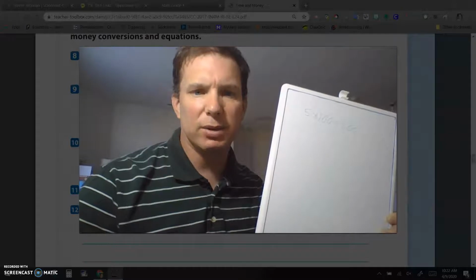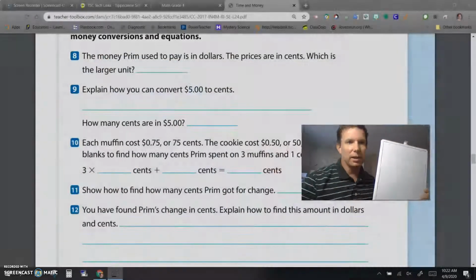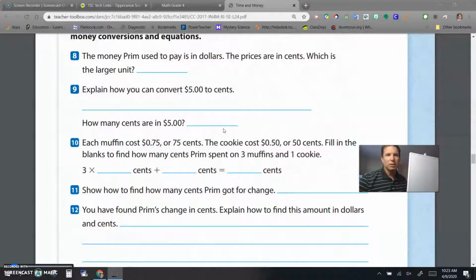So 500 cents, that's what you should write down in this blank here. Write 500 down and explain how you did. You multiply, since there's 100 cents in $1, you multiply 5 times 100.